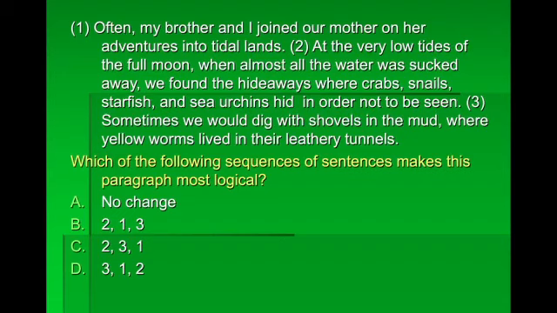You have essentially a topic sentence for sentence number 1: Often my brother and I joined our mother on her adventures into tidal lands, and sentences 2 and 3 describe what your brother, you, and your mother are doing in those tidal lands. So this is another one of those very minor times in which you would choose no change. We talked about this in part 1, in which approximately 20 to 25% of the time, the ACT will give you a no change answer.